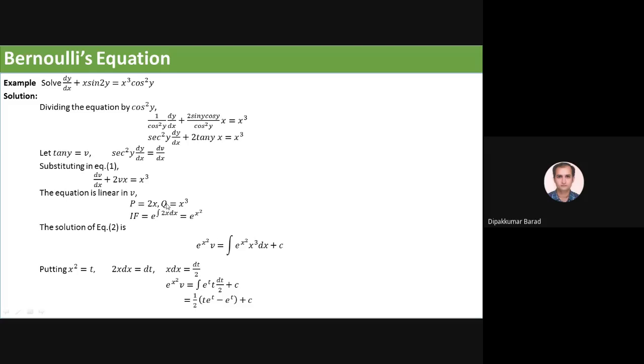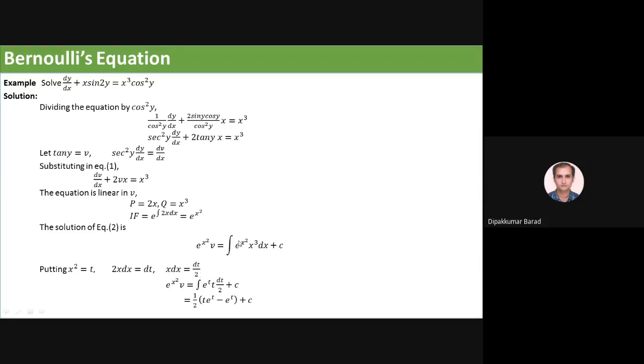Then p and q are functions of x, find out the integrating factor, then put in the general solution. You get e raised to x square v equal to the integration of e raised to x square x cube dx.